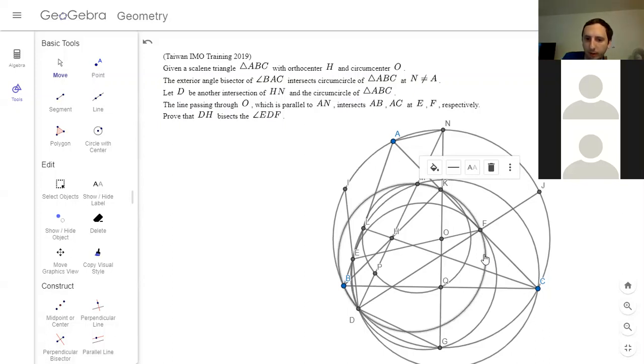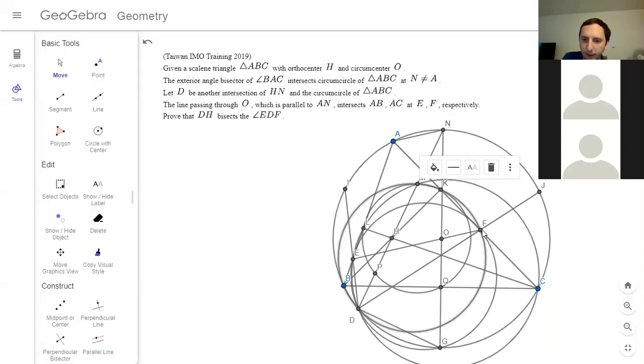So yeah, we have DBMK is cyclic. And then can we show F? Right, so what did we want to show?